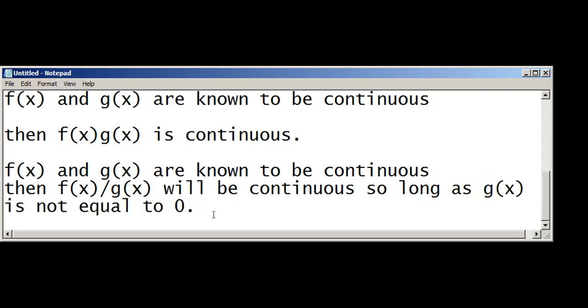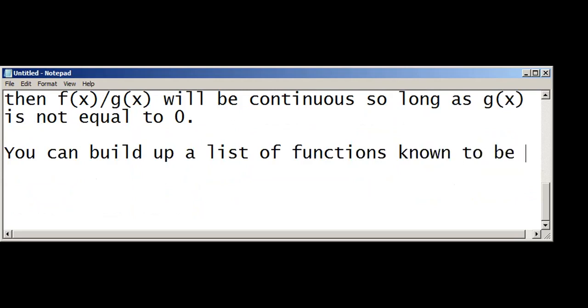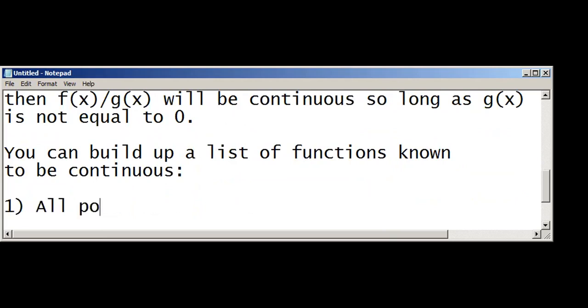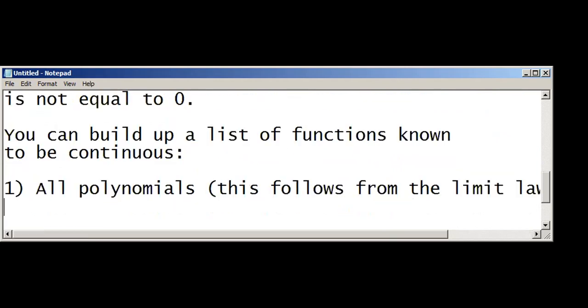And why is this helpful? Because you can build up a list of functions known to be continuous. So, for example, all polynomials, and this follows from the limit laws. It's a good exercise to show that.